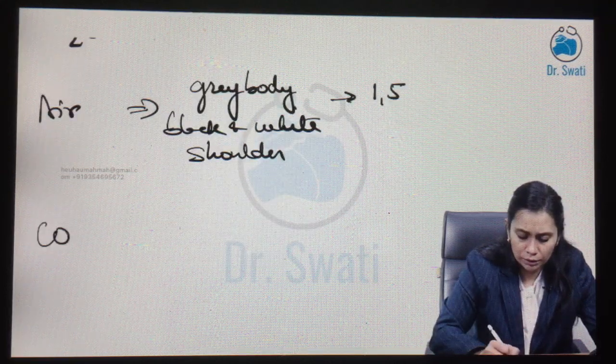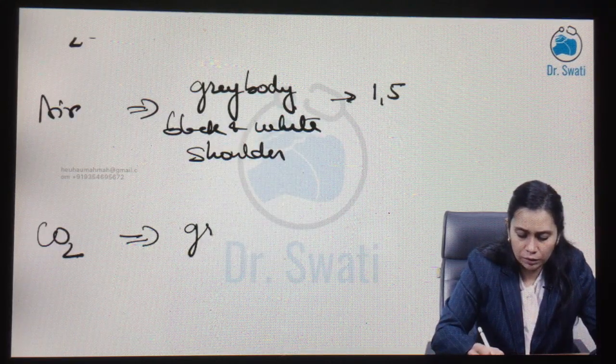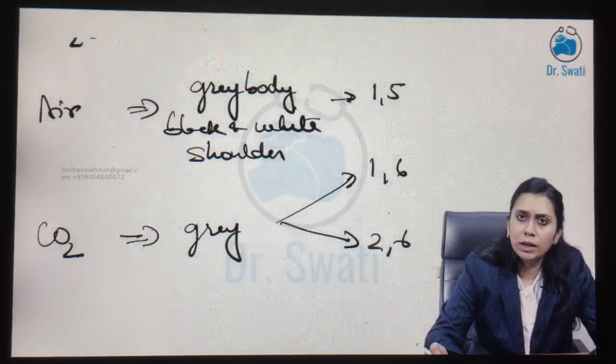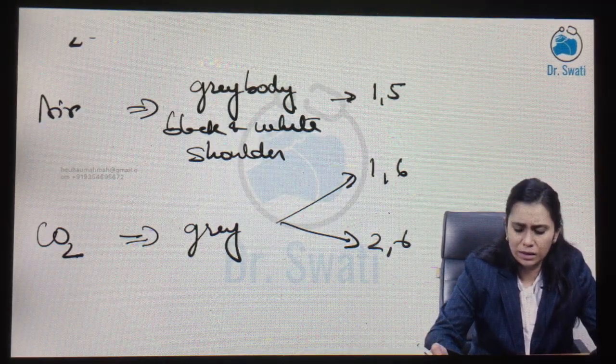Then carbon dioxide, grey, and 2 pin index 1626. Pressure you have to remember only of oxygen and nitrous oxide, not of other gases, not asked in exam.